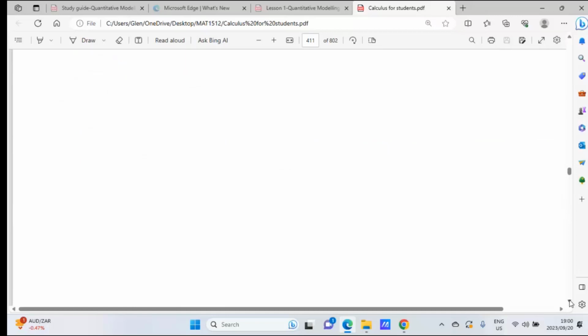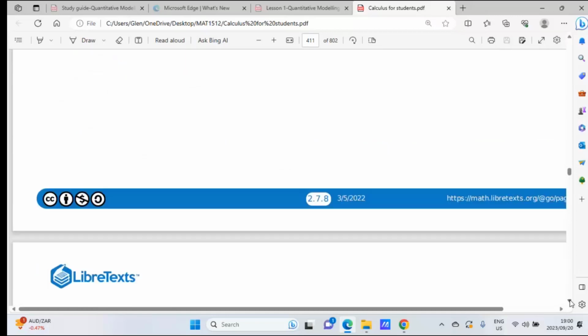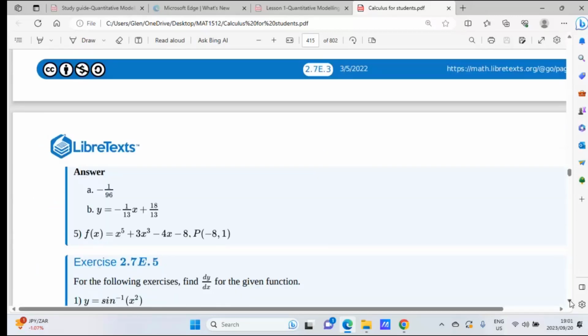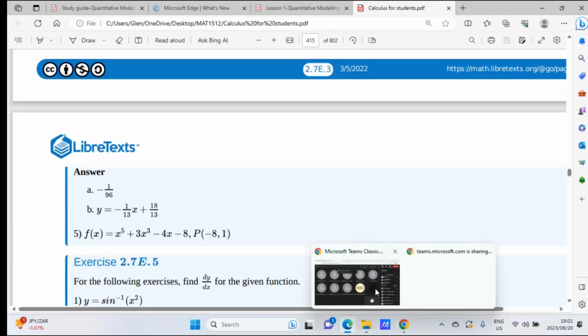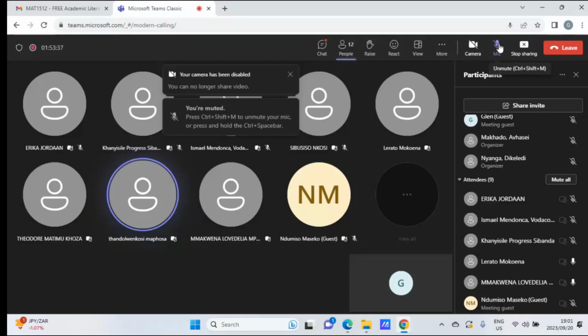Now let me go here. 2.7e. Okay, I'm only giving you one. Do you see number 1 under exercise 2? We did. It's a photocopy. Sorry?